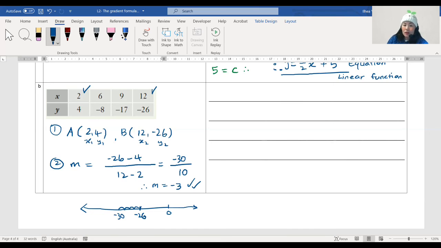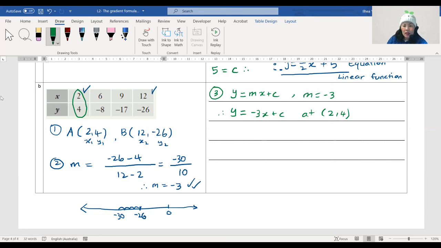But I would like to find the equation for this one. So let's make it step 3. I'm going to put it into my formula mx plus c, and my m is minus 3. So y equals minus 3x plus c. I can pick any points I like. It'll be the same. So I'm going to choose a simple one, 2 and 4, and also choose the one that is positive. It's easier.